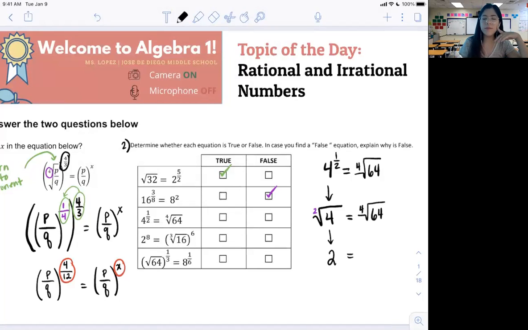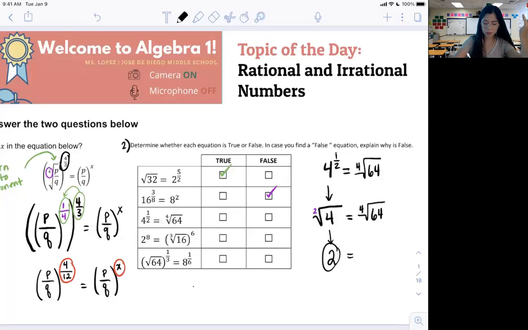Is that a number we know? It's not, is it? It's kind of a little harder to get that one. But remember, when you take the root of something, it's the opposite of an exponent. So for example, how did I know that this was 2?